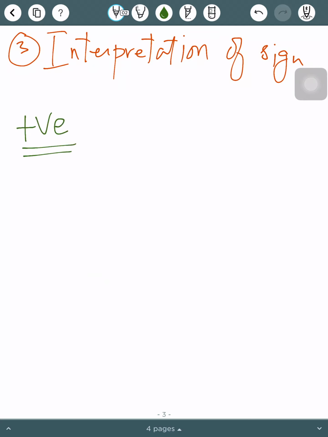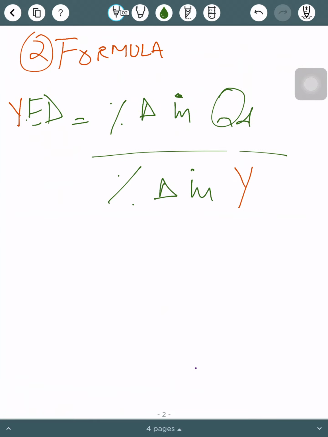Why is it normally positive? Because if we look at the formula, when will we get a positive answer? We will get a positive answer when there is a positive change in income, and as a result it causes a positive change in quantity demanded. So when incomes of the people increase, they increase the quantity demanded of the product. That gives us a positive sign for YED.